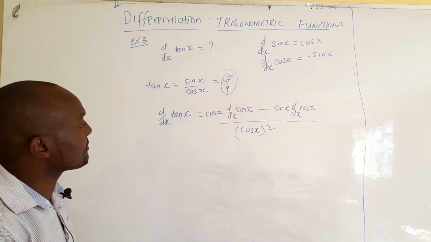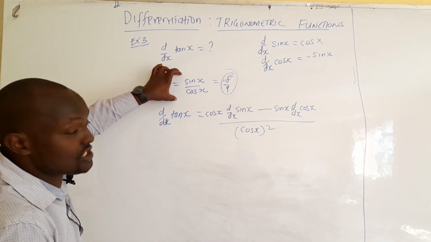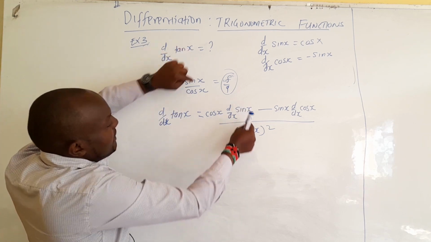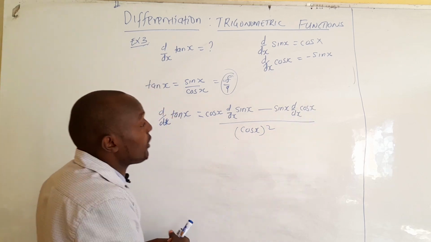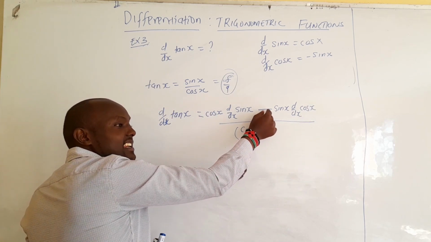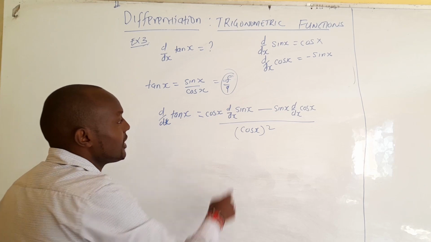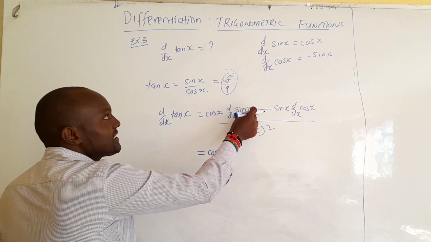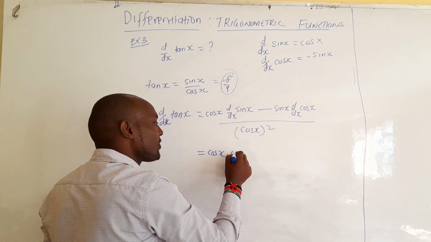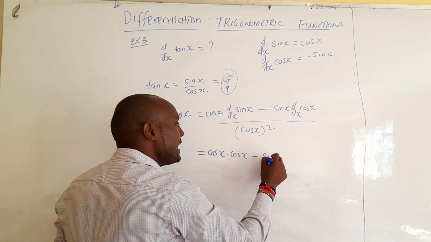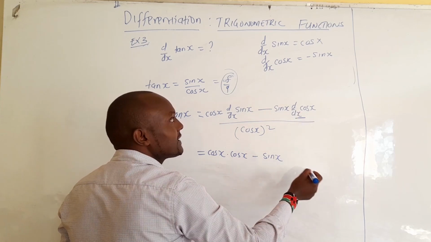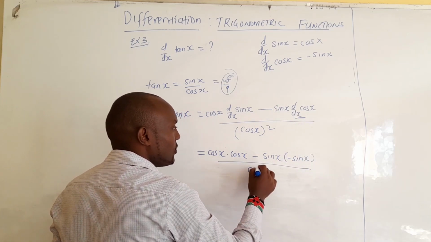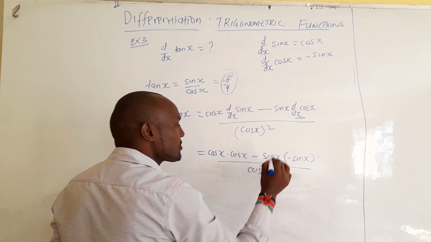Let it be known that when you are using the quotient rule, the order matters. You differentiate the numerator first, then the denominator, while holding the other one constant, and the sign here is negative. So if you differentiate sin x, we know you get cos x, so cos x times cos x, minus sin x times the derivative of cos x, which is minus sin x, all over cos squared x.